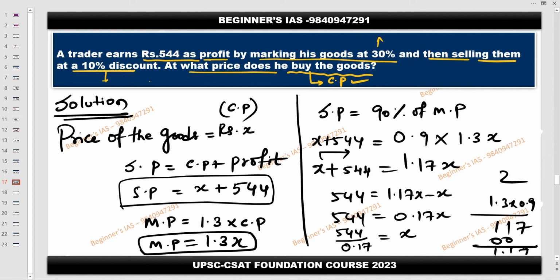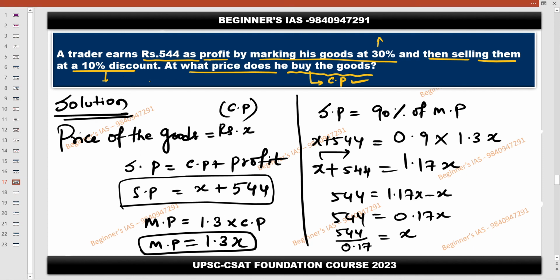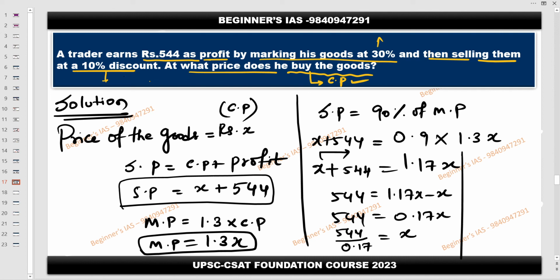You can calculate what would be the x. So, 3200. 17 into 32 is 544.